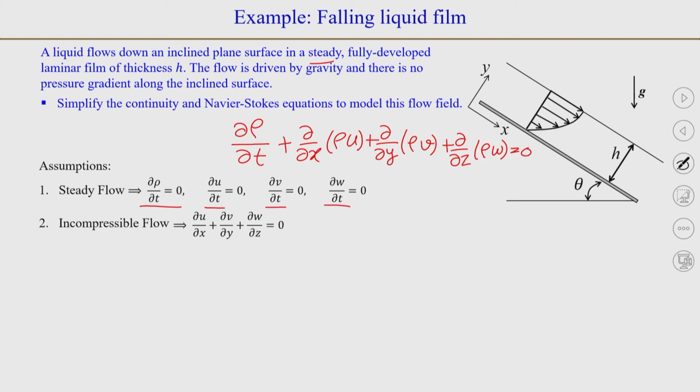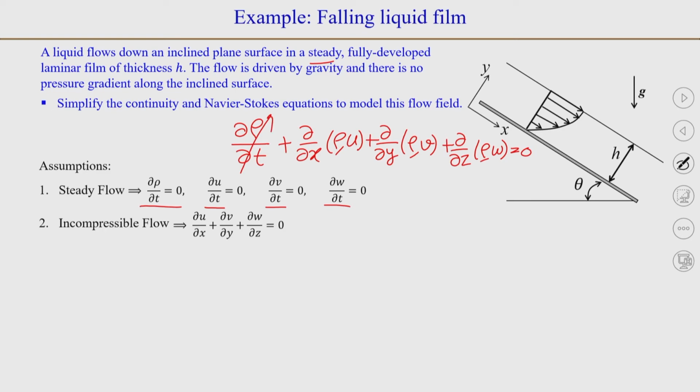So, because the density is constant as the flow is incompressible, this ρ can be taken out, and the first term is 0 because the flow is steady as well as incompressible.